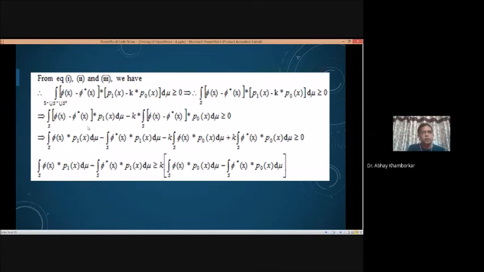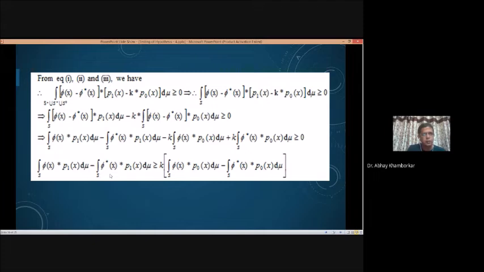So now I'm trying to solve this particular integration. First of all, we will separate this. You can see that first bracket multiplied by p1x d mu minus k into this bracket multiplied by p naught of x d mu. I am solving the simple integration terms and separating them here.